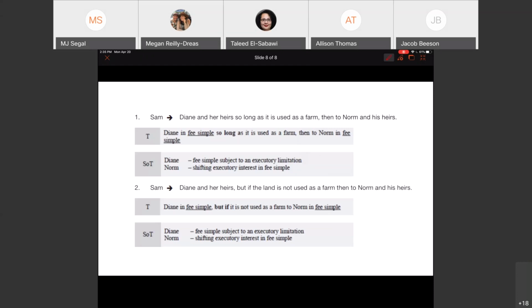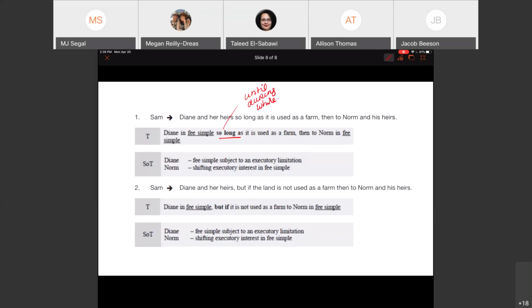So it does have to do with the language, right? If we have words of limitation, right? Words of limitation are as long as, until, during, or while.